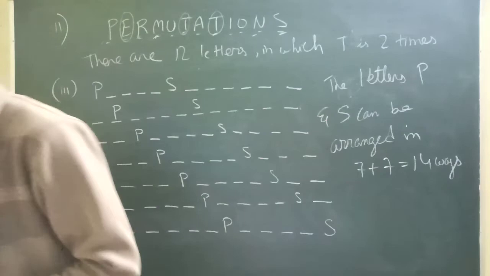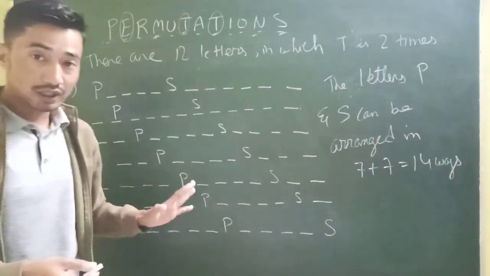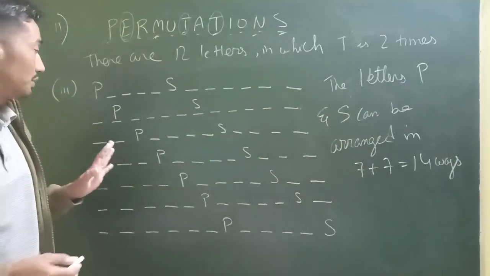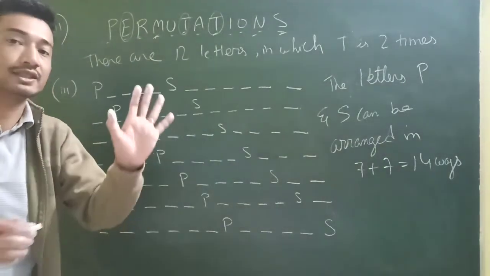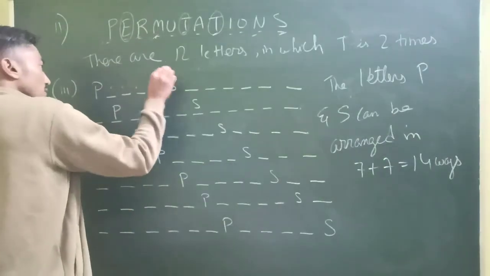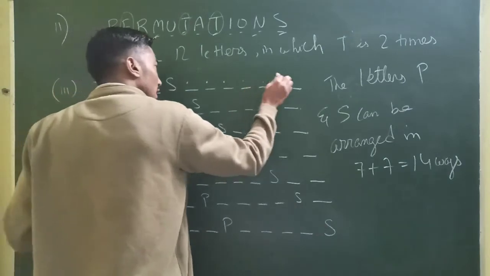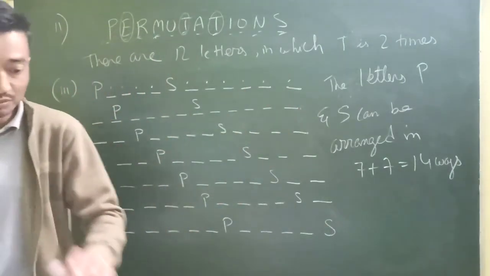So that's just P and S. Now when we do this, the remaining spots, 1, 2, 3, 4, 5, 6, 7, 8, 9, 10. There are still 10 spots left.